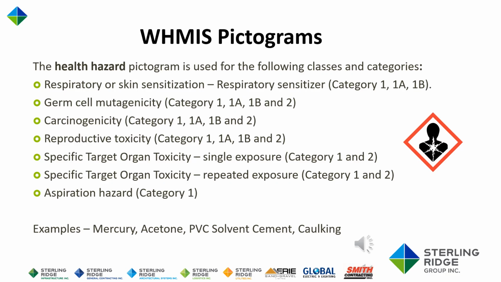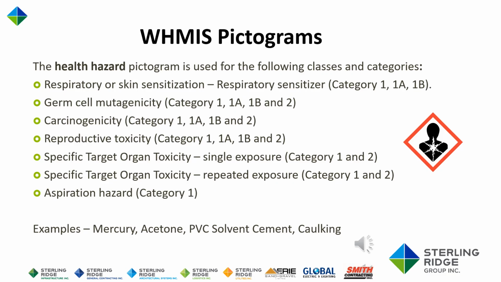The health hazard pictogram is used for the following classes and categories: respiratory or skin sensitization, respiratory sensitizer, Category 1, 1A, 1B. Germ cell mutagenicity, Category 1, 1A, 1B, and 2. Carcinogenicity, Category 1, 1A, 1B, and 2.